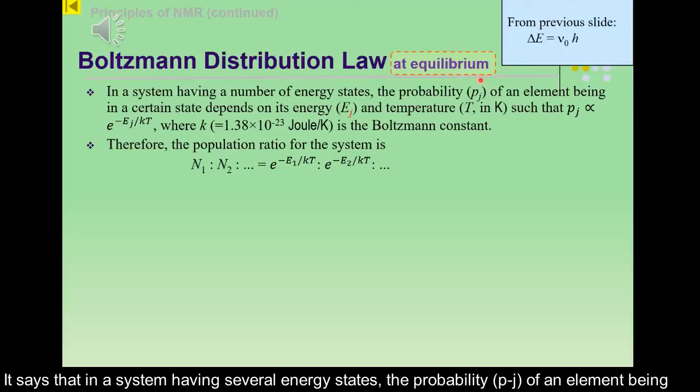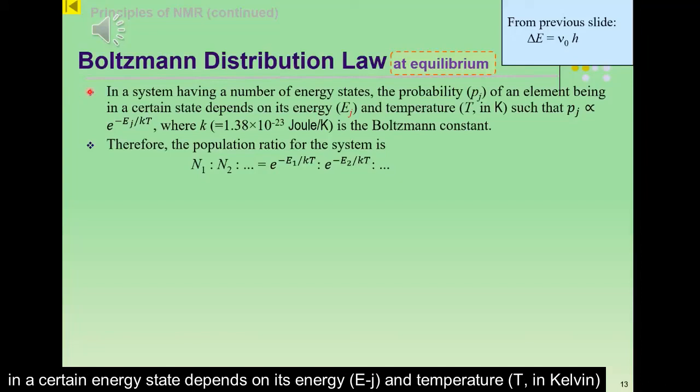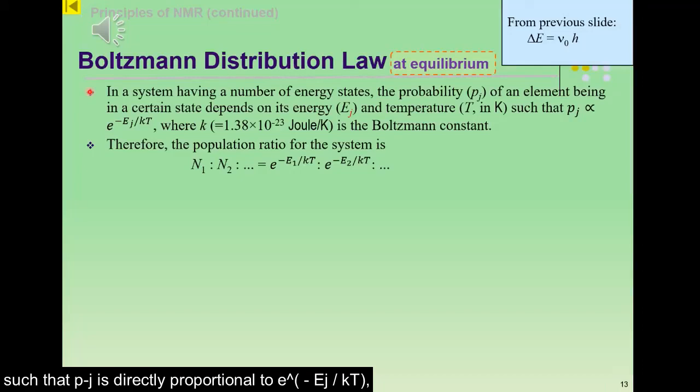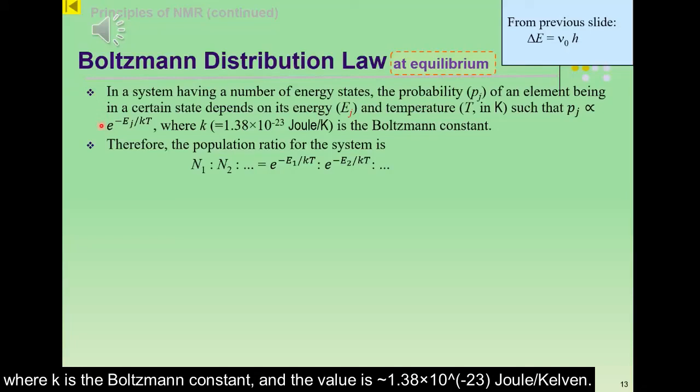It says that in a system having several energy states, the probability Pj of an element being in a certain state depends on its energy, Ej, and temperature, T, in Kelvin, such that Pj is directly proportional to e to the power of minus Ej divided by kT, where k is the Boltzmann constant and the value is approximately 1.38 times 10 to the power of minus 23 joule per Kelvin.